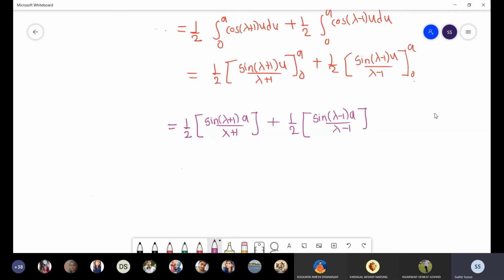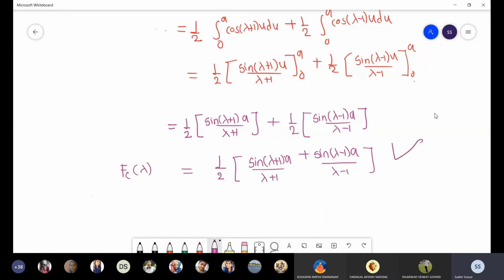So finally we obtain 1 upon 2 times the bracket of sine (lambda plus 1)a divided by lambda plus 1, plus sine (lambda minus 1)a divided by lambda minus 1. So this is the Fourier cosine transform of the given function.